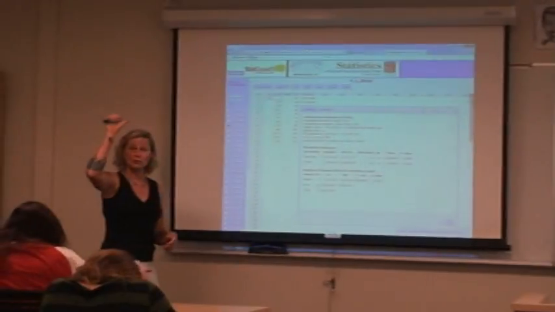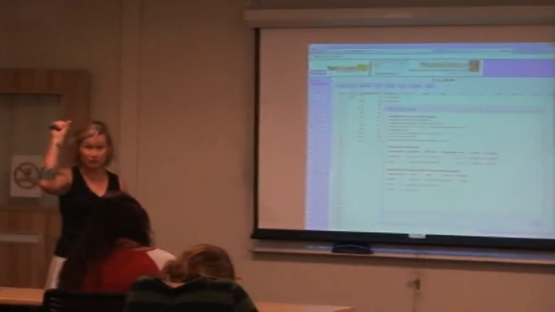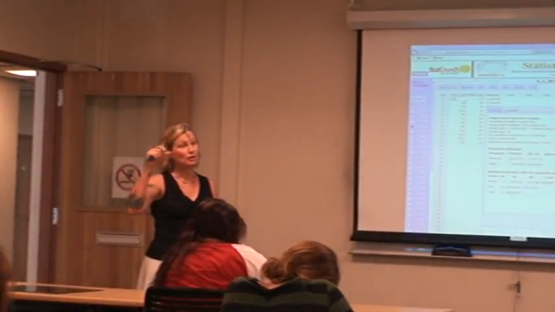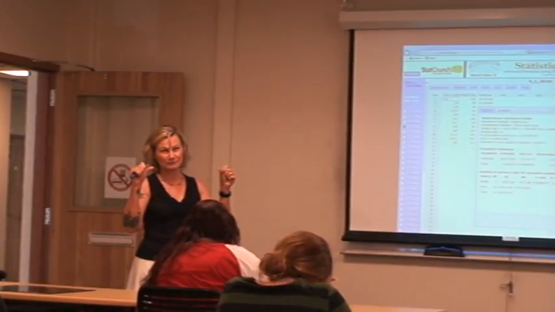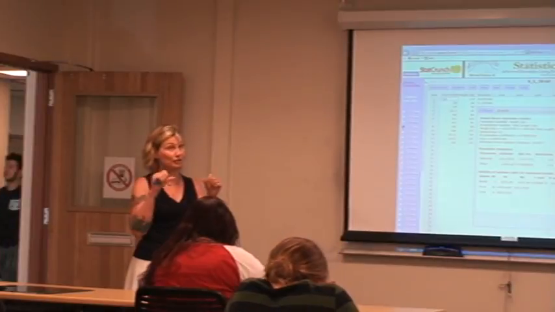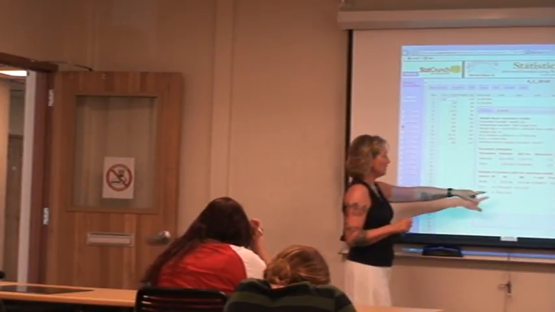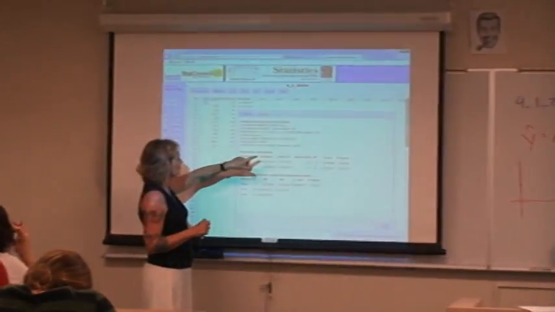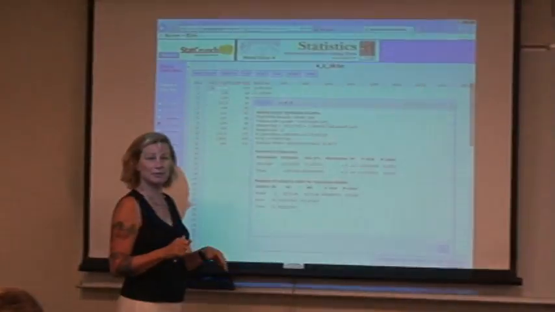And therefore, your R value is going to go down. Your R value is going to be closer to 0, because remember that's when an R value is not good. So as the error goes up, the R value gets worse. And here we had 0.704, not bad, but not great.